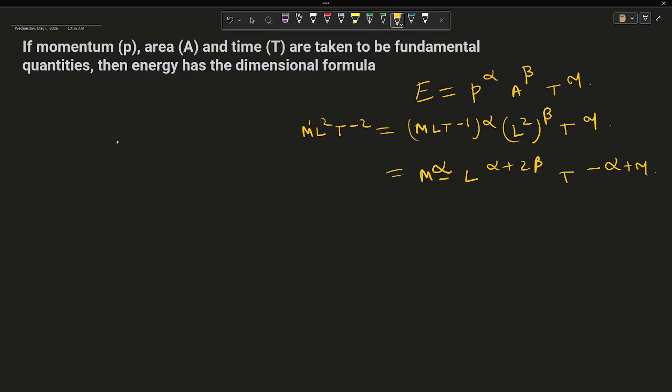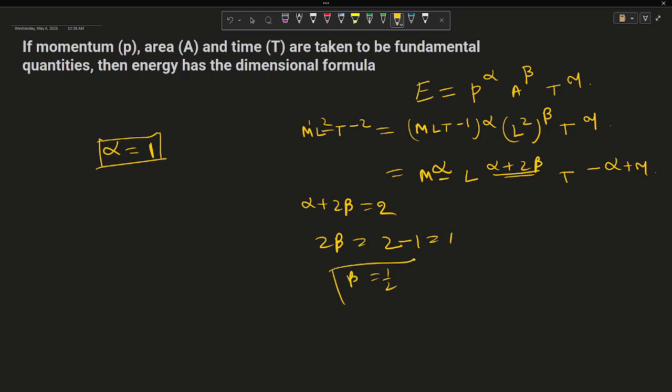Next, alpha plus 2 beta equals 2, so 2 beta equals 2 minus alpha, that means 1, beta equals half. And minus alpha plus gamma equals minus 2, so gamma equals minus 2 plus alpha, so it will be minus 1.